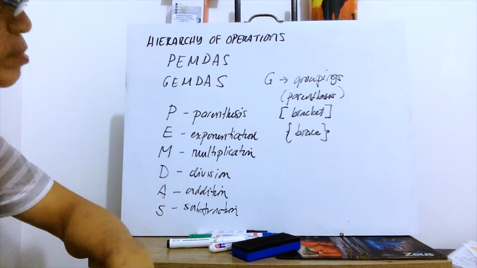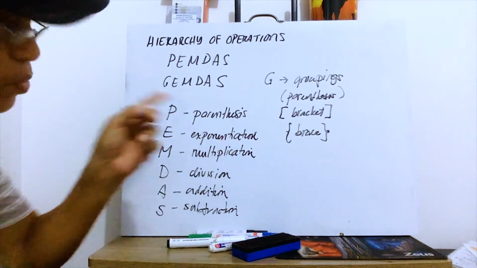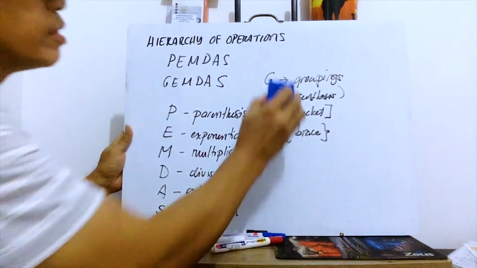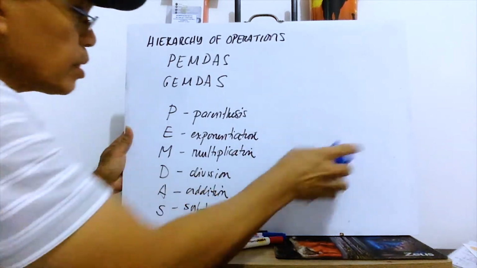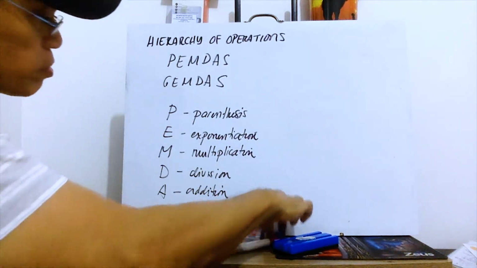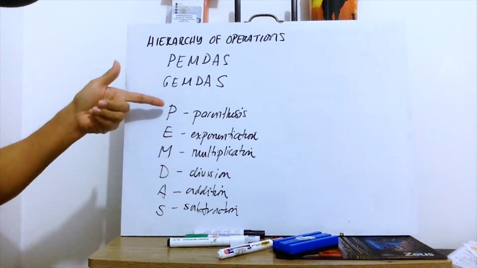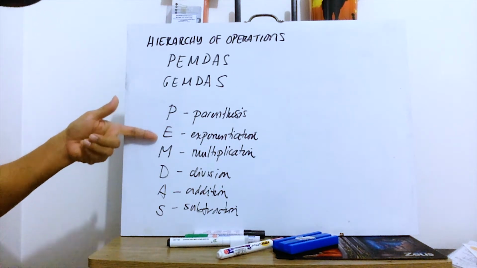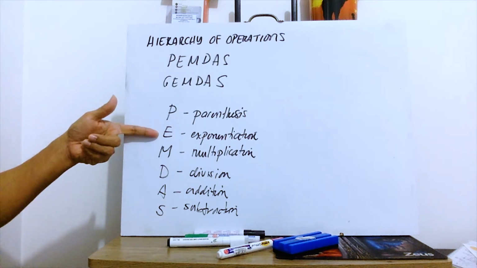Now, there's something wrong with this. I'll tell you. As you can see here, multiplication comes next after exponentiation, and that's not true.